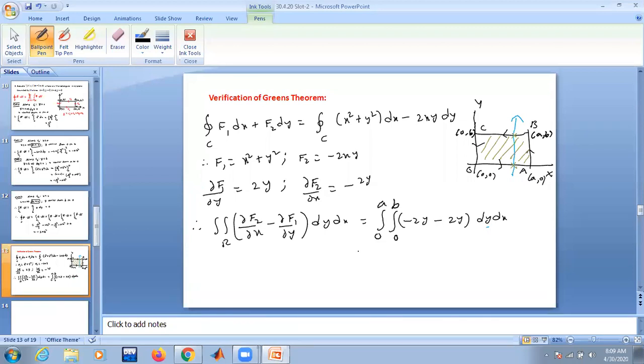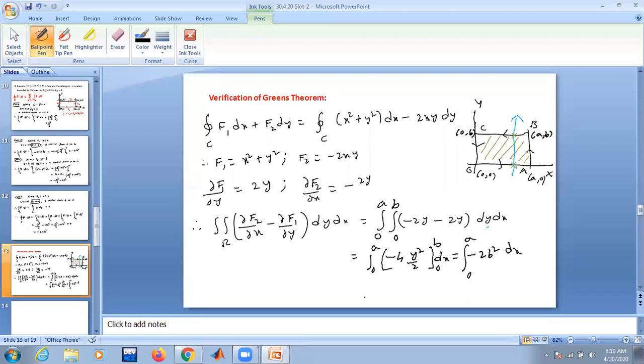Minus 2y minus 2y is minus 4y. So minus 4 into y integration is y square by 2 with the limits from 0 to b. So this is going to be minus 2b square, integral from 0 to a dx.